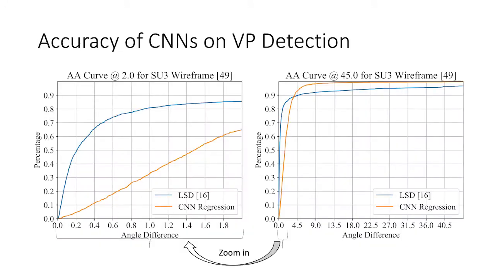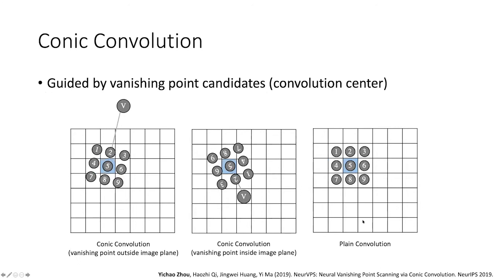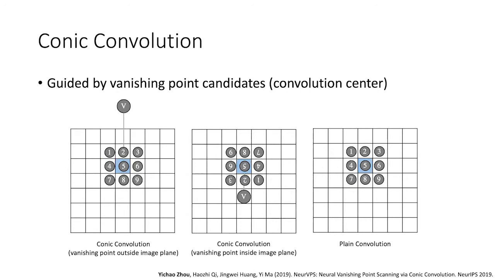Another question is, how can you combine both? Look at the right figure. Traditionally, people use convolutional neural networks, but in the detection of vanishing points, you're detecting edges of a set of parallel lines. Hence, the orientations of the lines are correlated. You should not just use a generic convolution.